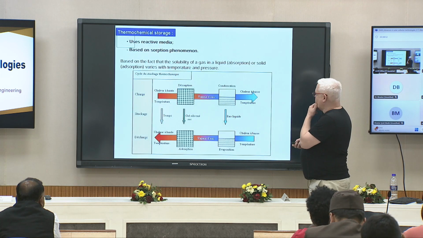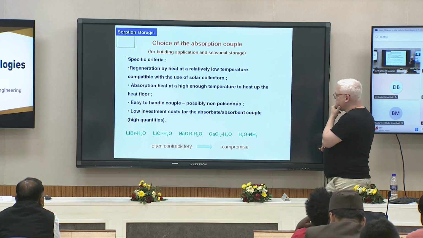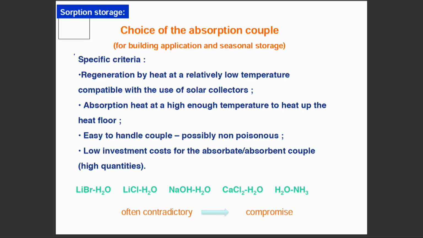Okay, so we have seen that for absorption, there are several couples, lithium bromide, ammonia, water, and so on. So the criteria is regeneration by heat, okay, and easy to handle, to couple, low investment cost, of course.